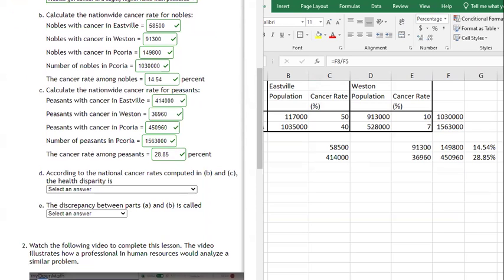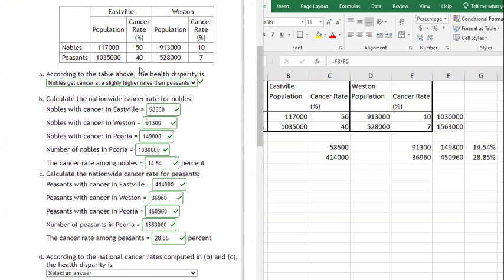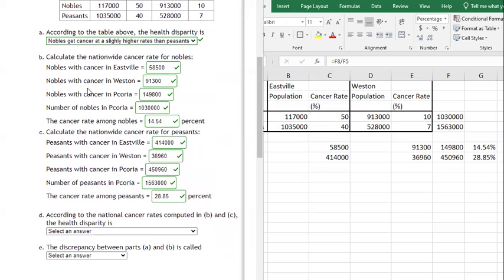So if you're comparing these two numbers together, and you compare these two numbers, it looks like nobles have higher cancer rates, right? And so initially, the health disparity looked like nobles get cancer at slightly higher rates than peasants, right?